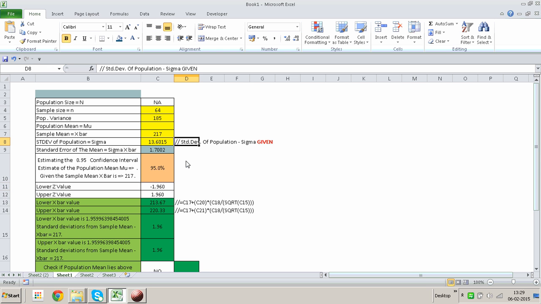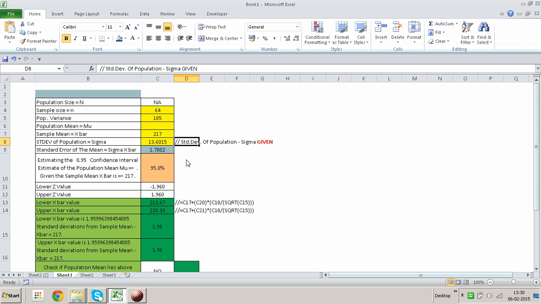Now, if the standard deviation of the population is given to us, then obviously it has been calculated from the population mean. Otherwise, there is no way that we can calculate the standard deviation of the population. And if the mean is already known, then you would also require knowing the various observations within the population to calculate the standard deviation.